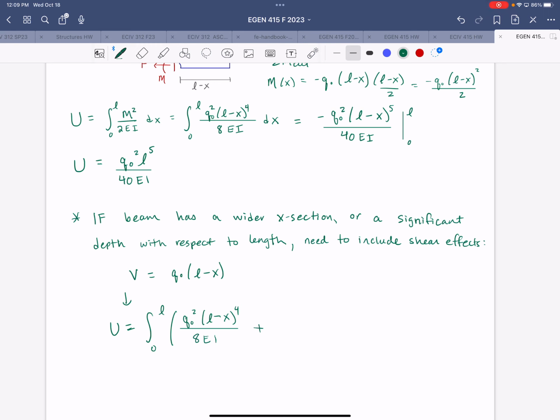And then we would also have the shear term, which is the K. That shear shape factor is actually the Greek letter kappa. I've been saying K, but it's technically kappa. So that times Q naught squared times L minus X quantity squared over 2GA.